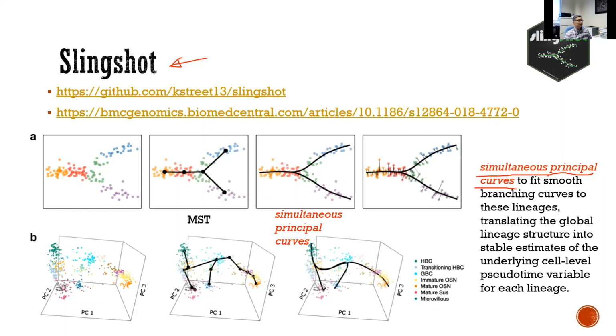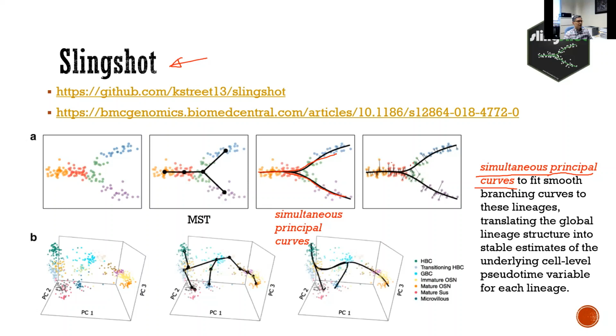Okay. So you see both packages use principal curve, and this curve can help you to find this trajectory among cells. Then you assign each cell to the nearest branch, nearest path.